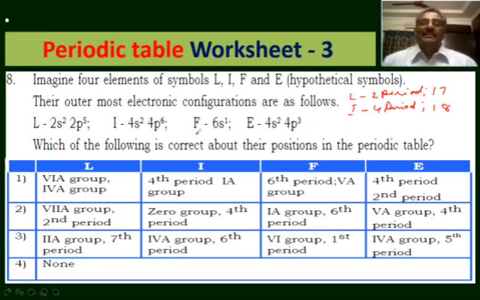Next, F, this is not fluorine, this is a hypothetical symbol, 6s1. So F belongs to 6th period, as the valence shell is 6. This is an s block element. Number of electrons in the valence shell is 1. So this belongs to first group.